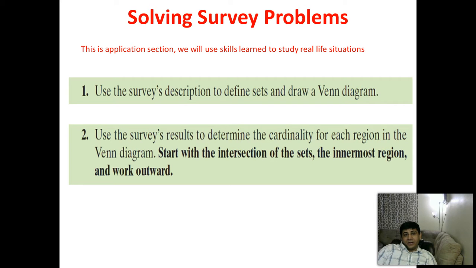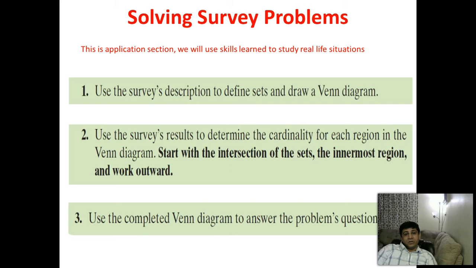The innermost region will be common to all sets, and then we'll fill in the information in each region of the Venn diagram. After that we will use the completed Venn diagram to answer different questions.